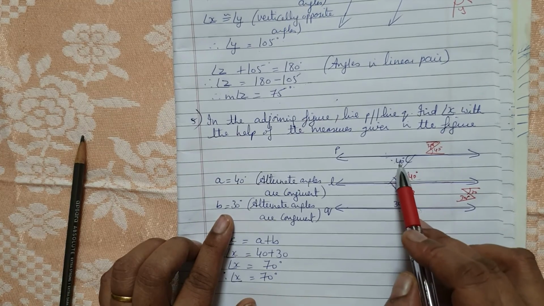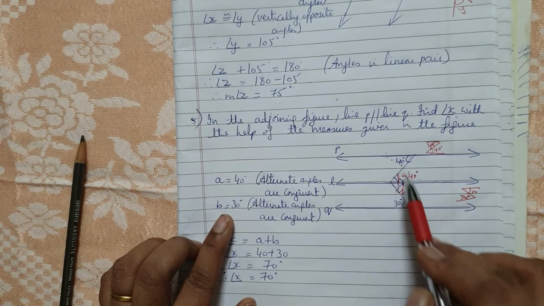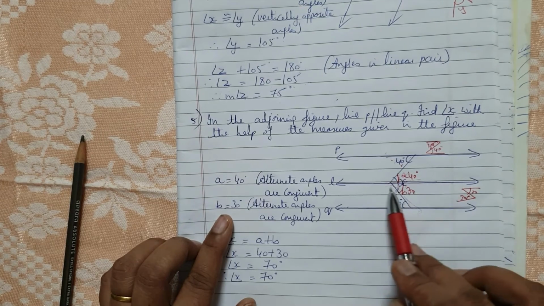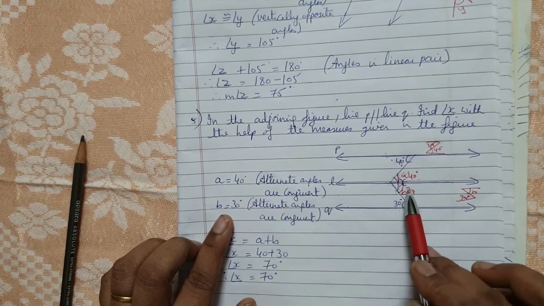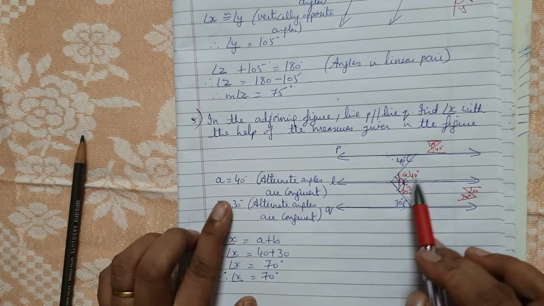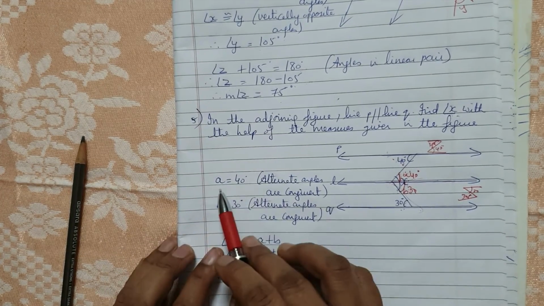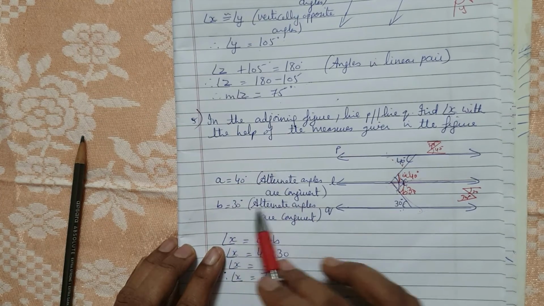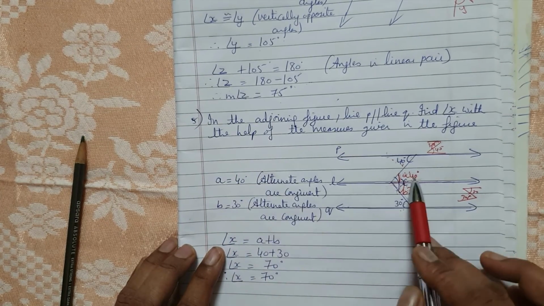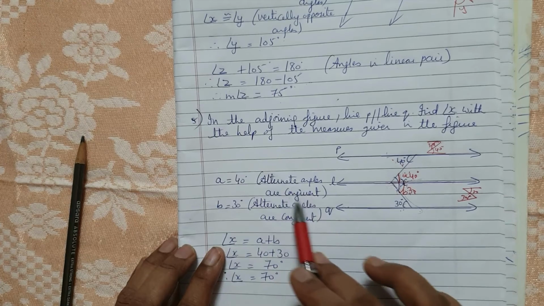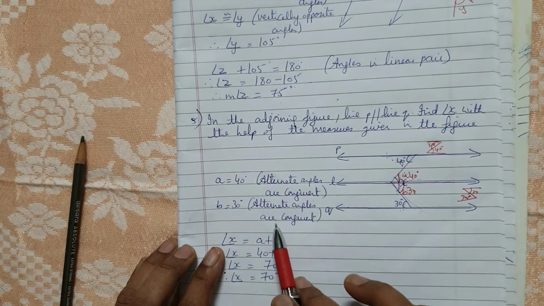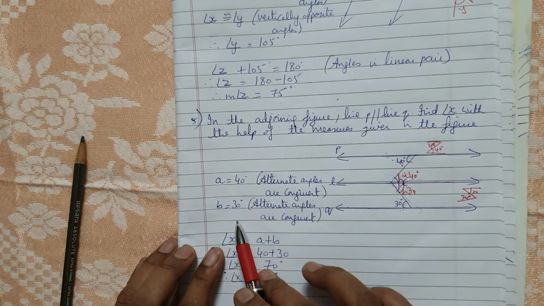Because this Z 40 over here, alternate angles are forming Z. And this side also forming Z. This is 30. So even this is 30. Alternate angles are congruent. We have to write alternate angles are congruent for A and for B.